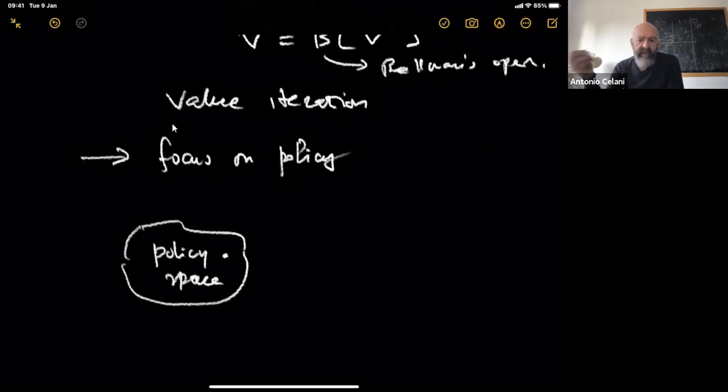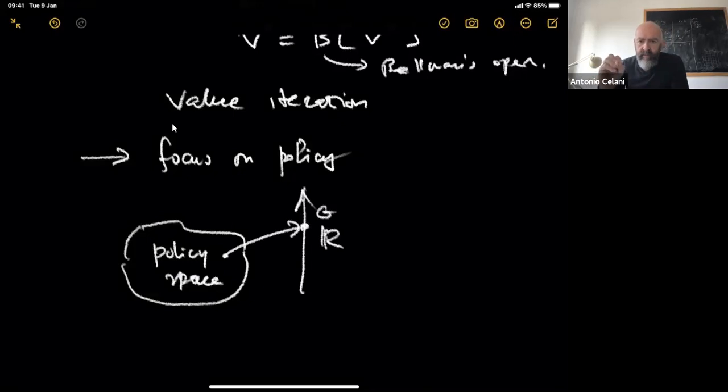It's a relatively complicated geometrical object, but it has a nice property, it's convex. Our G function is a real function that sends any policy into a real value G.